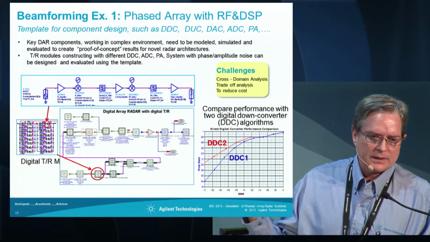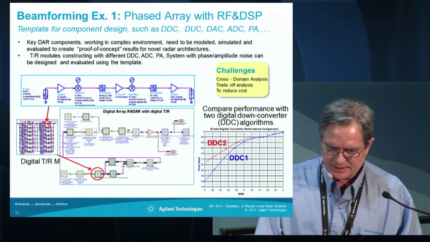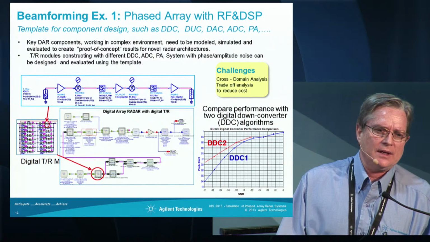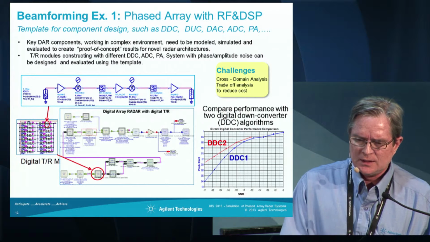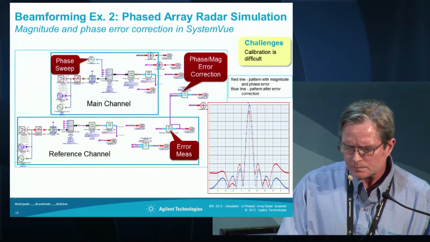And so the little graph at the bottom on the right shows the difference in the error rate comparing the two different digital down converter algorithms. And so this will help you make a better choice before you actually get to the hardware.